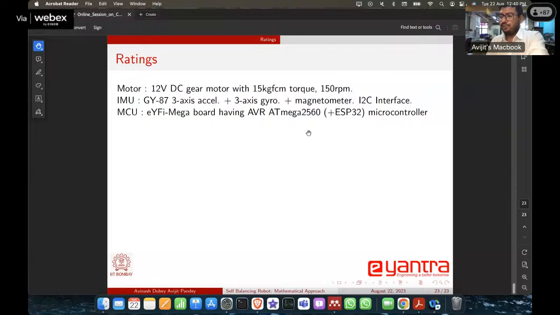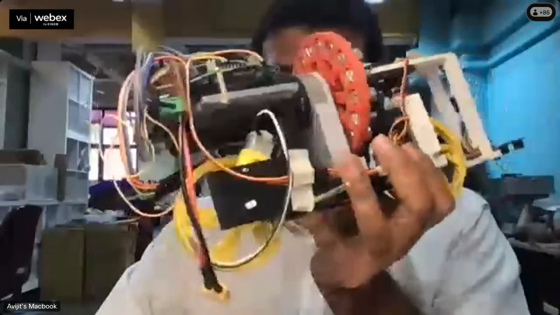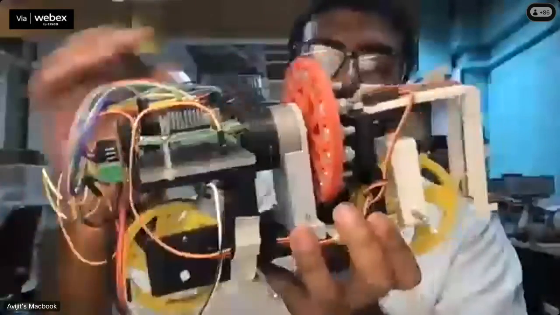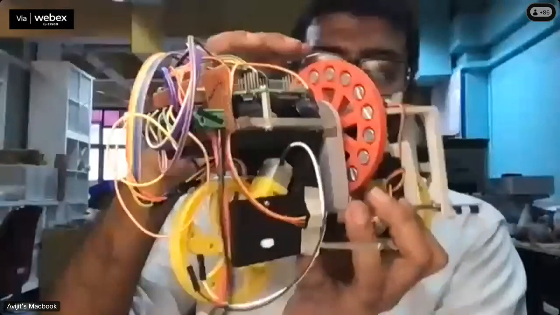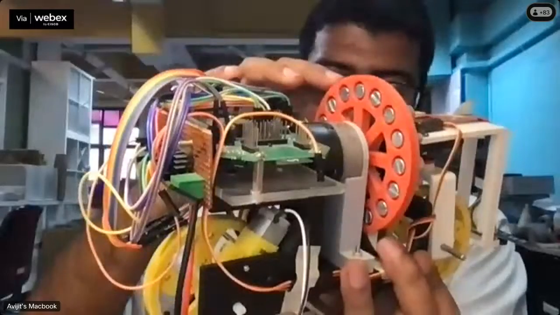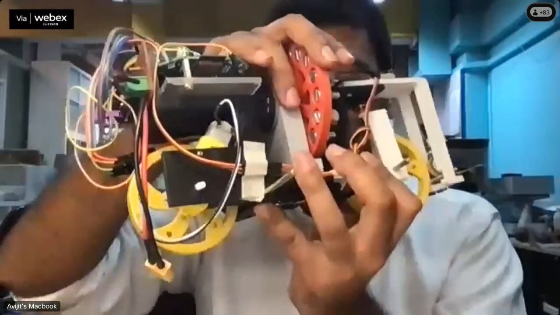Let me show you one more robot that we have here. I'll stop sharing the screen. This is one iteration of the reaction wheel based self-balancing cycle. If it tilts in this direction, the wheel rotates like this and pushes the system back in the other direction.